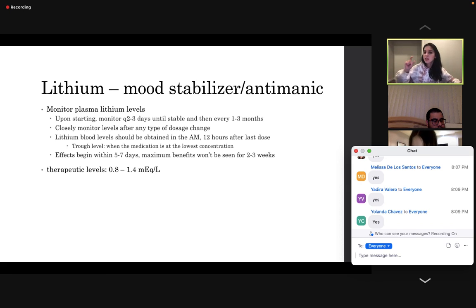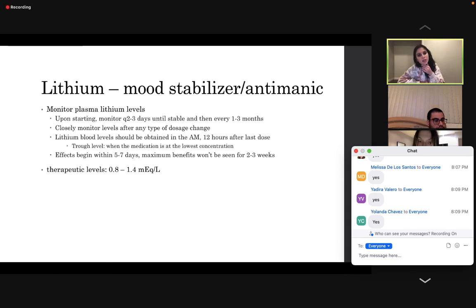It is when lithium is at its lowest concentration point. It's the most accurate amount of lithium in the blood. This has nothing to do with being NPO. I don't care about that. It just has to be 12 hours after the last dose.